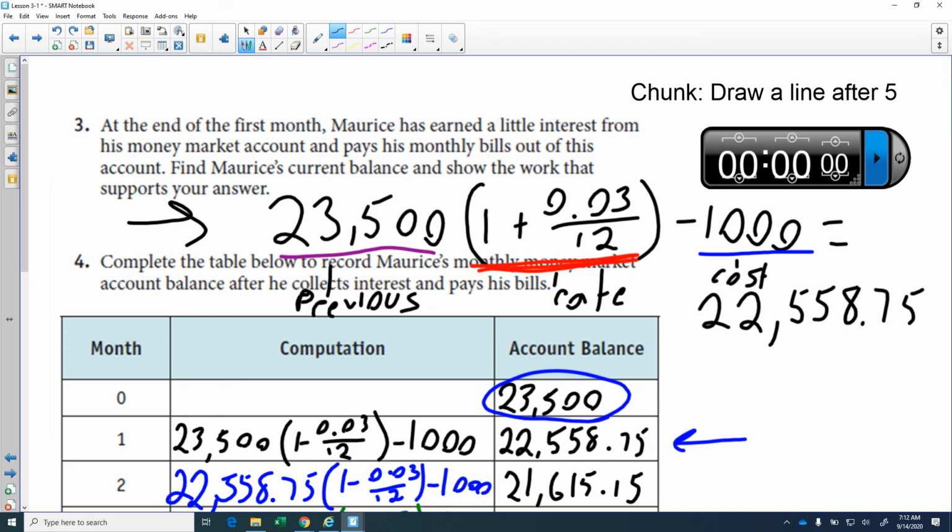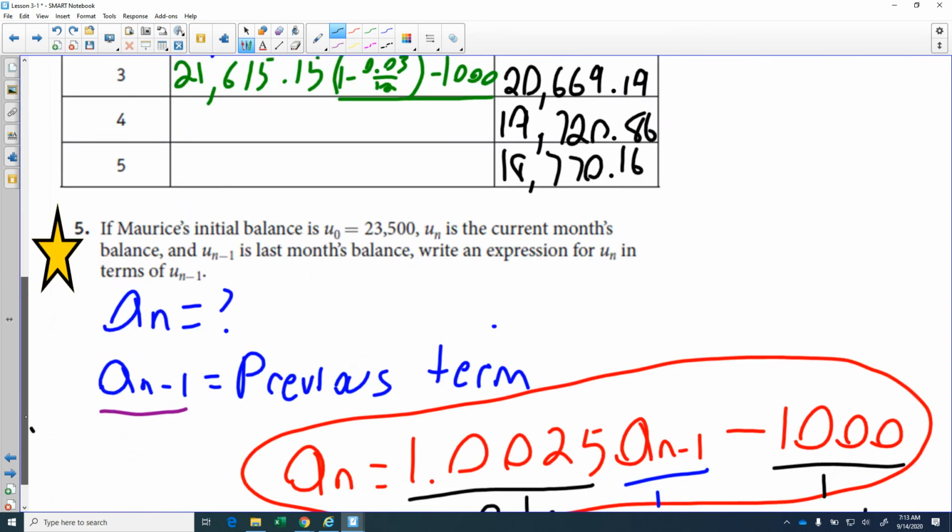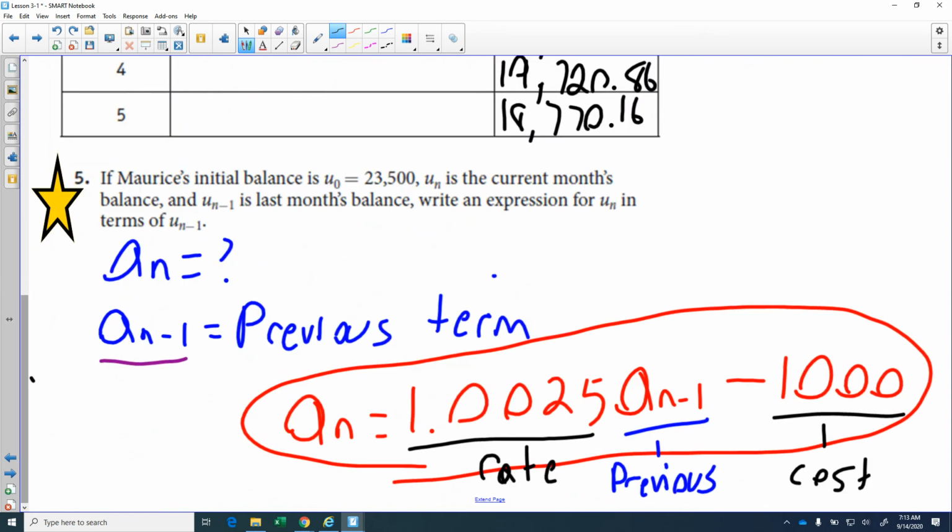This here is in our interest rate formula. Well, our interest rate formula really doesn't work when I don't have to change the principal each and every time, right? What I'm doing down here is creating a statement in which I don't have to do that. I don't have to change my principal. All I'm saying is if I want to find the next term, I need to know the previous term to do so, okay?